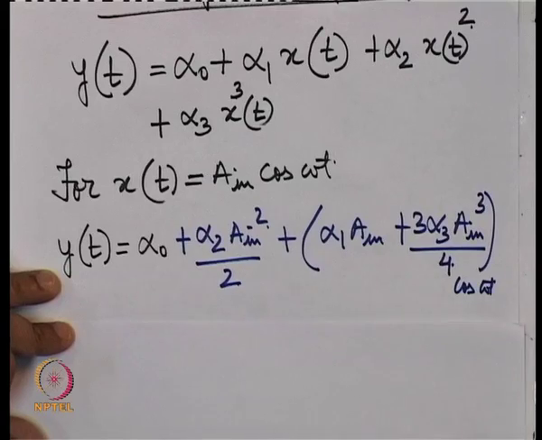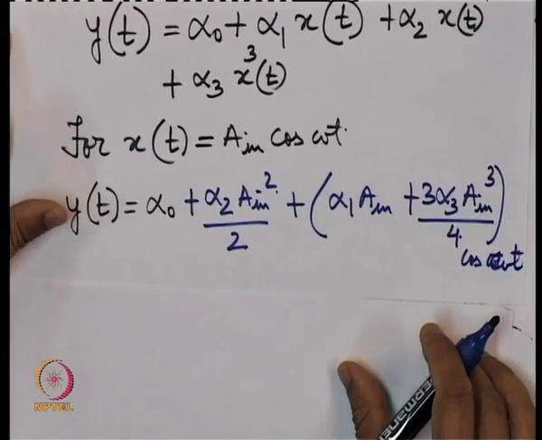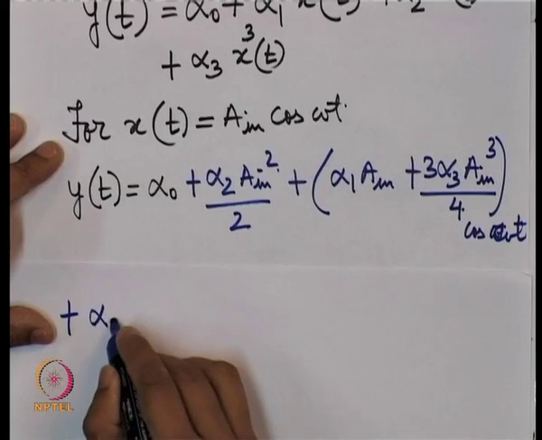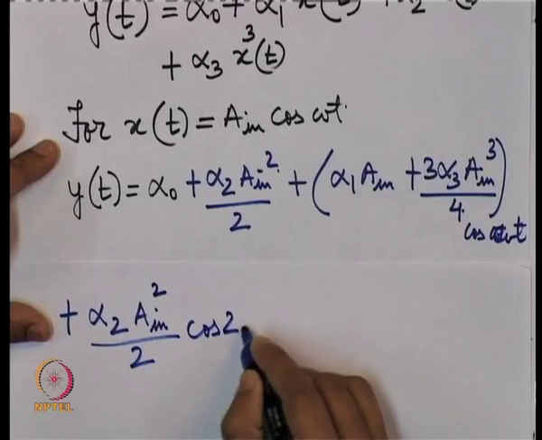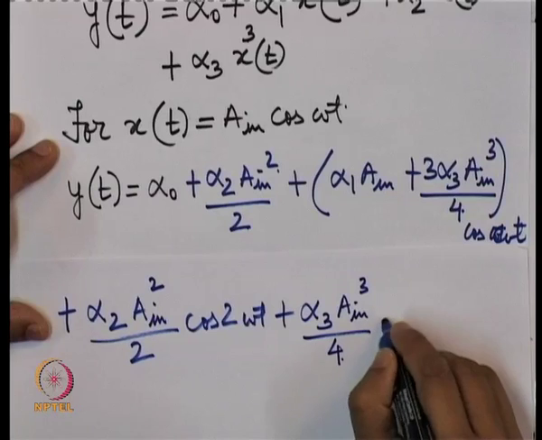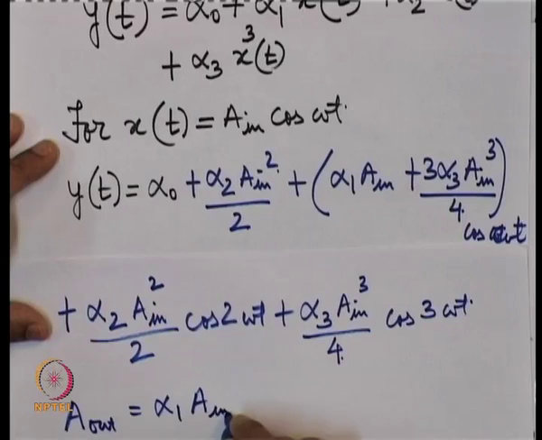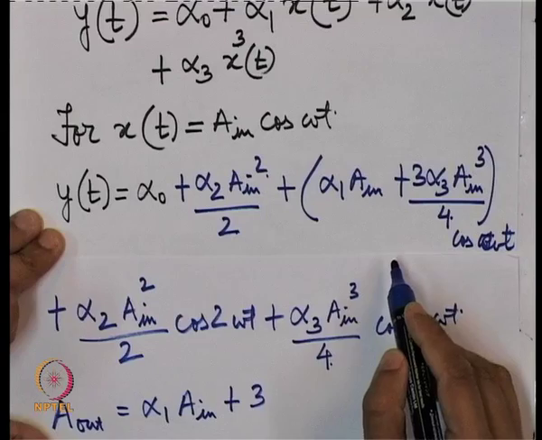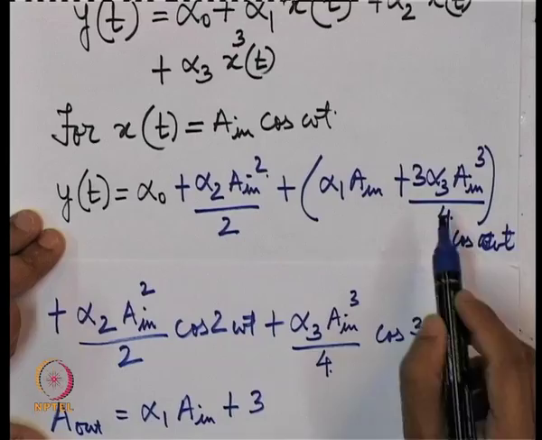So this whole thing multiplied by cos omega t, and then below that we have, so you see that if I just consider the fundamental component, then that fundamental component will have an amplitude alpha 1 A_in plus 3 alpha 3 A_in cubed upon 4.